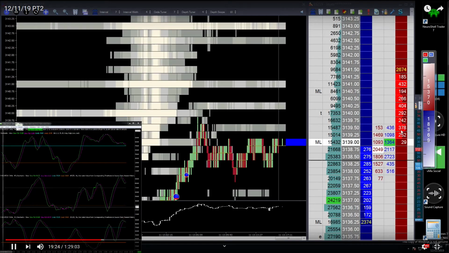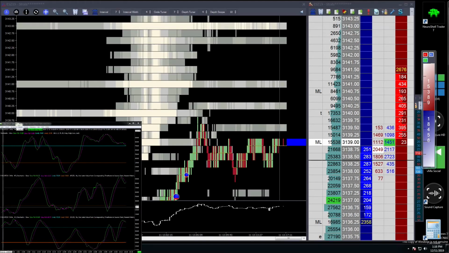Yeah, you got the size sitting here. It's another flip, setting up. I mean, this could have easily fell back in, so taking profits was appropriate for what it was.